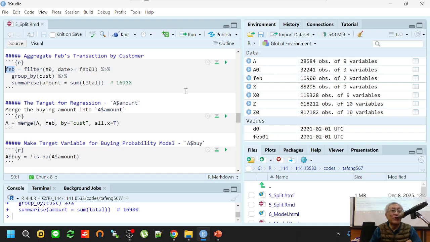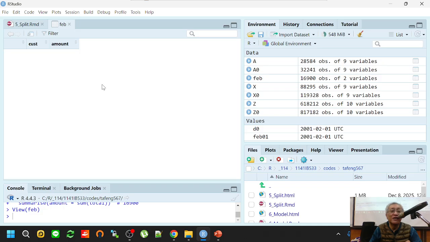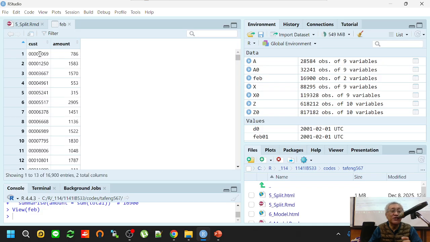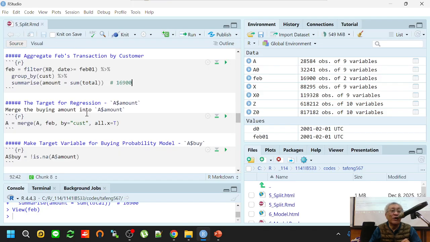So what we're going to do, if you see the February data in the beginning, it has only the customer who buys from us, right? And this is the amount that he or she buys, okay? So this is the first thing. And then the next thing we want to do is merge this data frame into the A data frame, right?